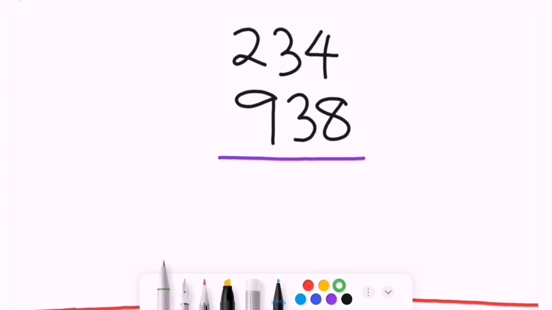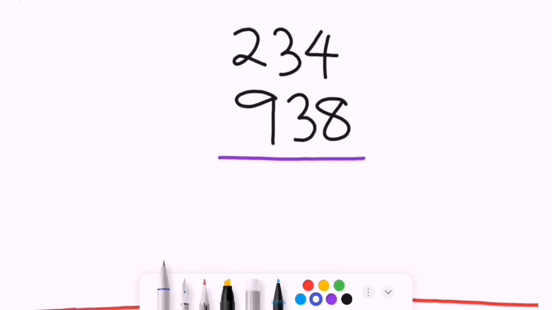And then the other one we are going to try is to have the solution of this. We are asked to add these two numbers, and what we are going to do is, this is 234 plus 938. So this is 2.